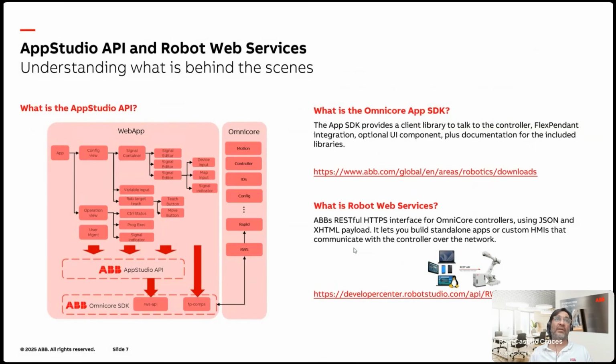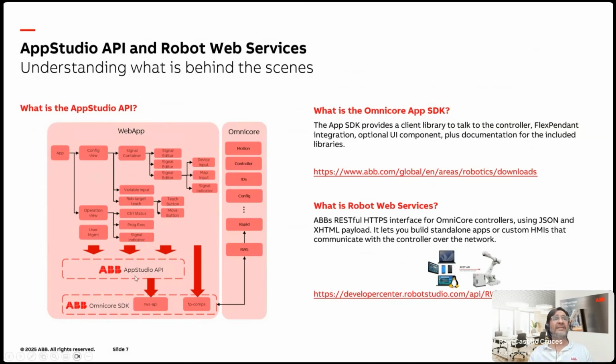And what ABB is providing to you, on the first level that I want to explain, is the so-called AppStudio API. You already saw the API keyword all over the whole application, and I'm using that for different purpose, and that is your entry point.